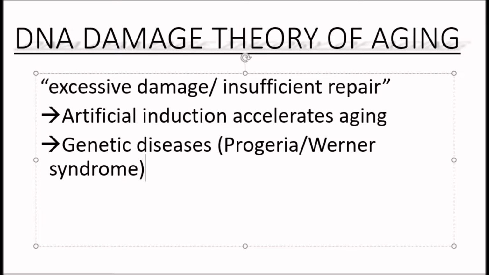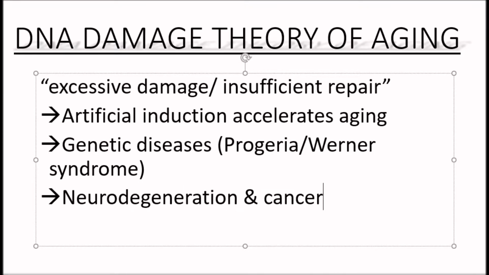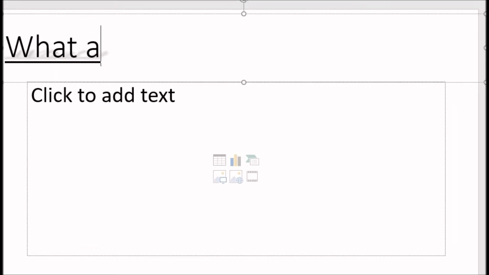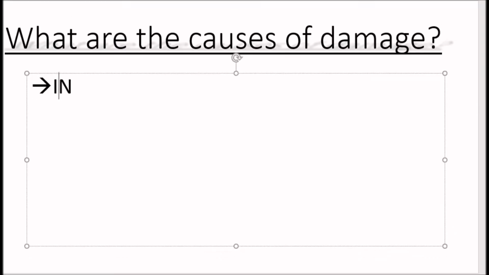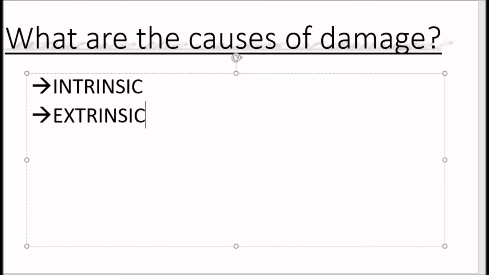Other cases where we know that DNA mutations, a form of DNA damage, are important for disease progression are seen in cancer and neurodegeneration, both as age-associated diseases. So how do you even get DNA instability? This can be split into 2 categories, one of which is intrinsic or endogenous damage. The other is extrinsic or exogenous damage.